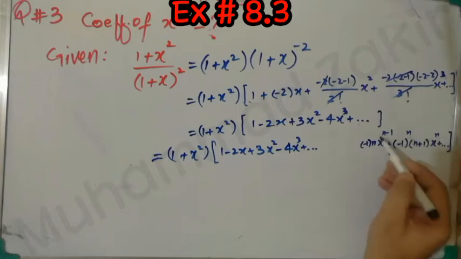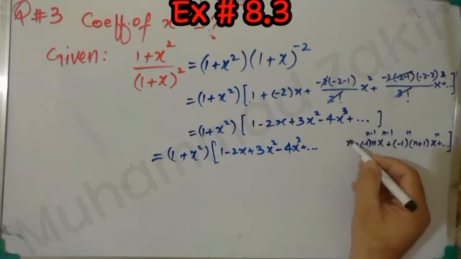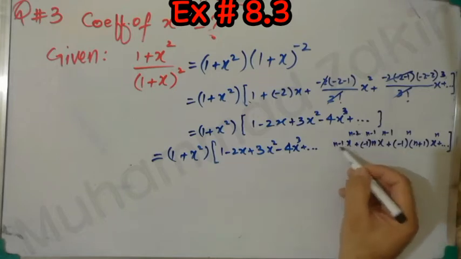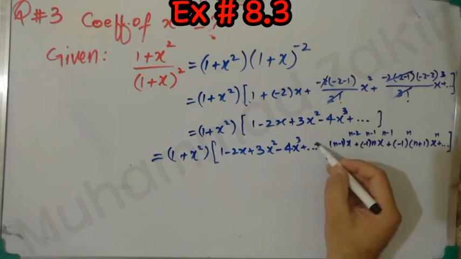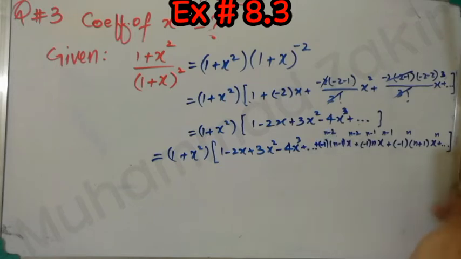Here both these are n, here both these are n minus 1. Then we write one previous term, x power n minus 2. The coefficient will be n minus 1, and minus 1 power will also be n minus 2, and so on, dear students.